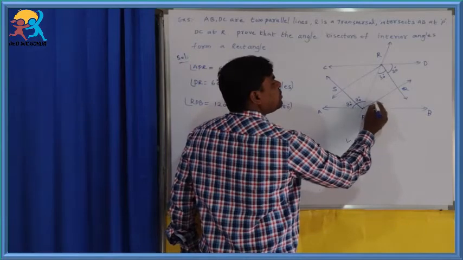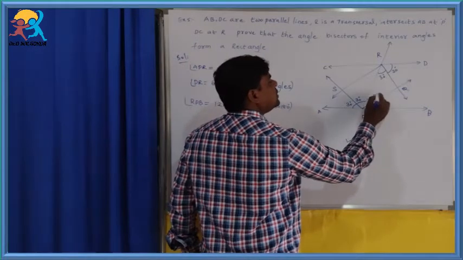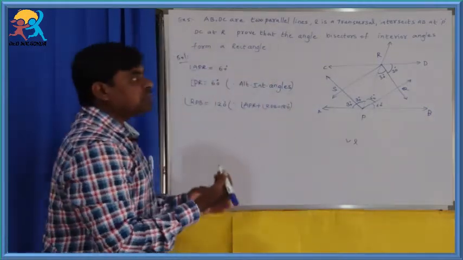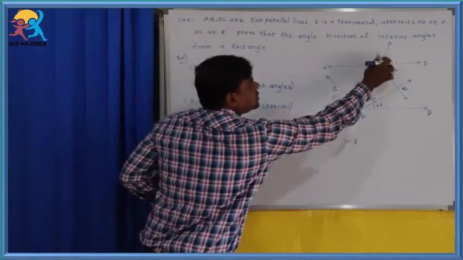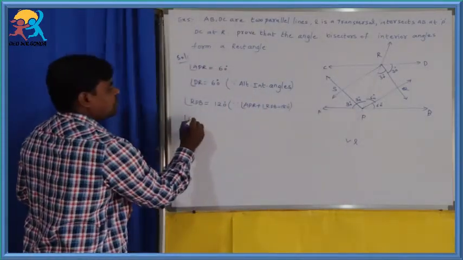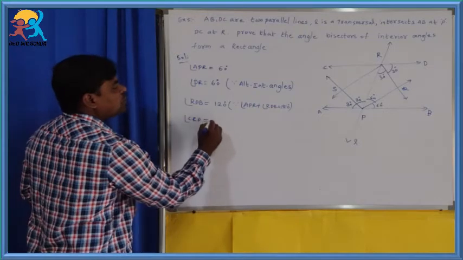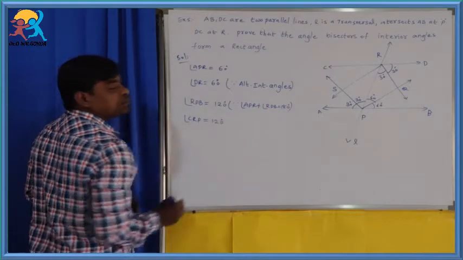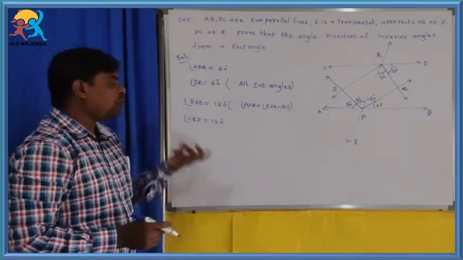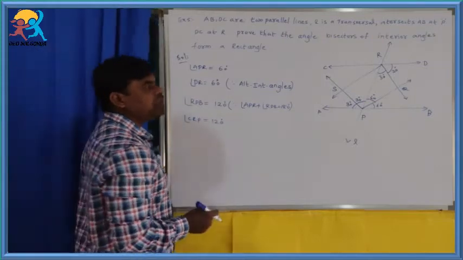So definitely this will be 60-60, and same angle CRP is equal to 120 degrees again. How is it 120?